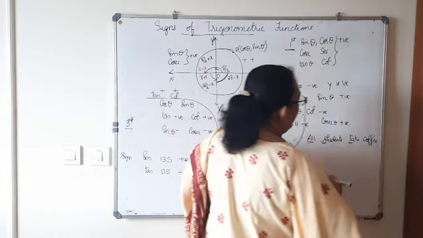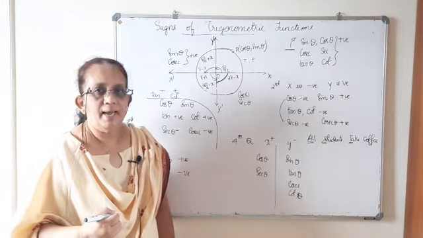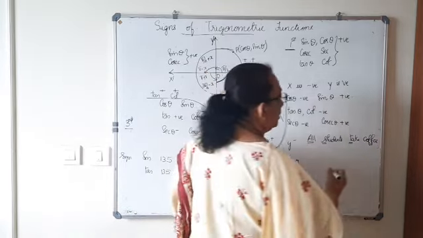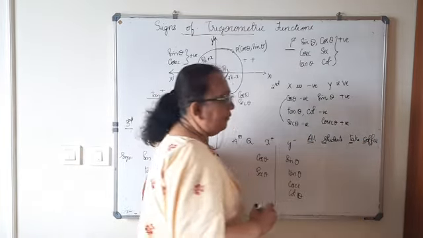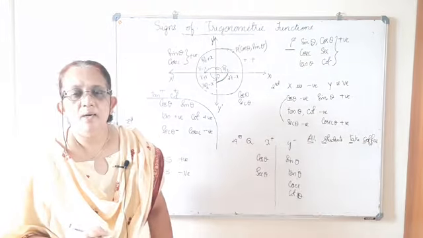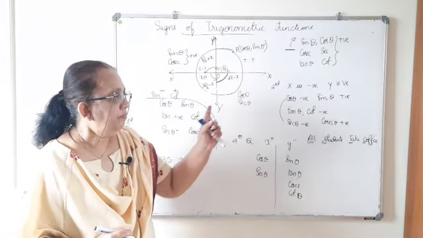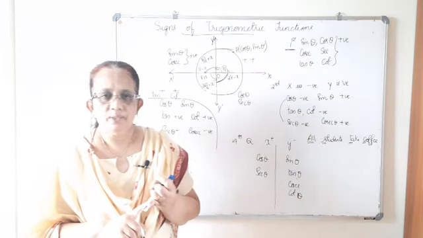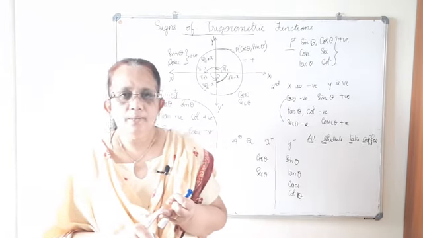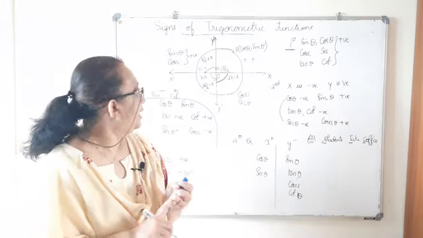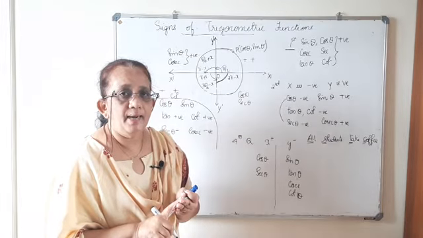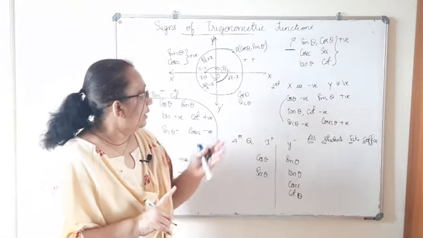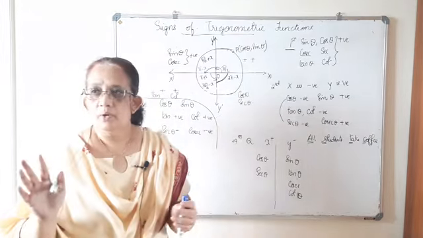Take, T. In the third quadrant, tangent and its reciprocal, cot, are positive. And in the fourth quadrant, coffee, C, so cos and sec are positive. So this you have to memorize. All students take coffee. All, first quadrant, all are positive. Second quadrant, sine and cosecant are positive. Third, tan and cot are positive. Fourth quadrant, cos and sec are positive.